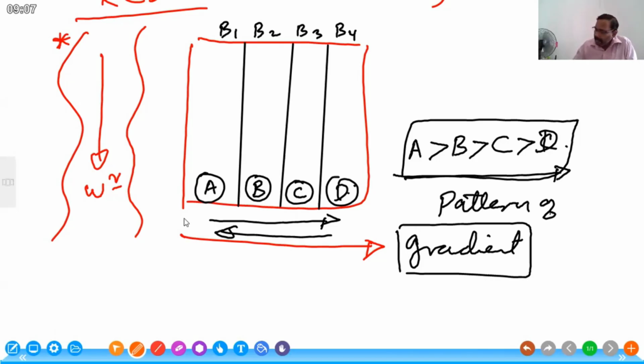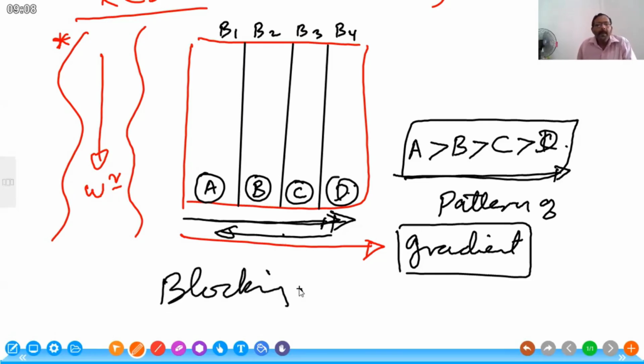Pattern of gradient means in this direction there's a decreasing pattern of moisture. Under such a situation, we can go for blocking.